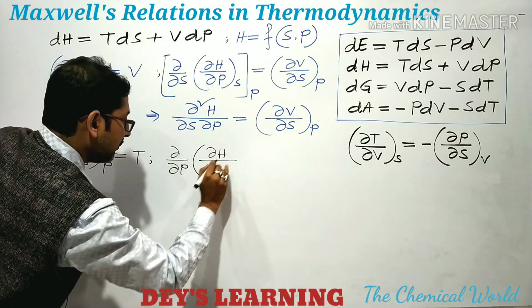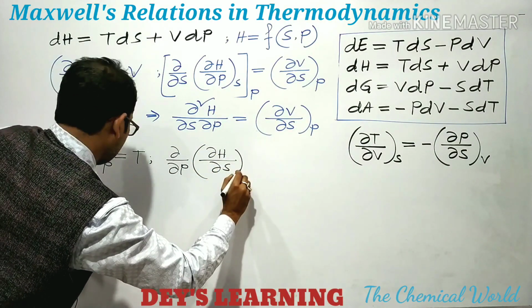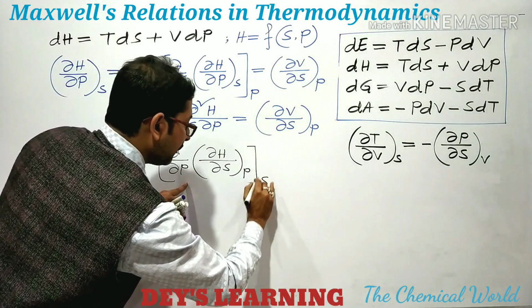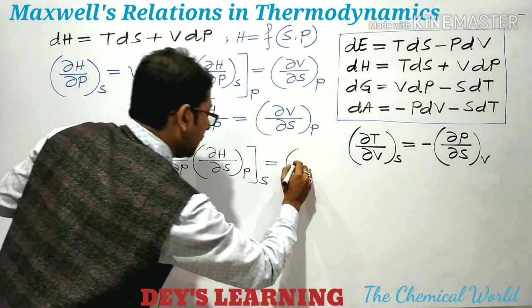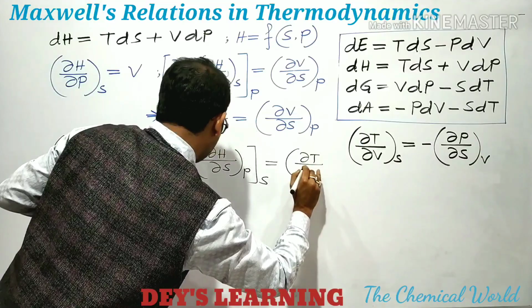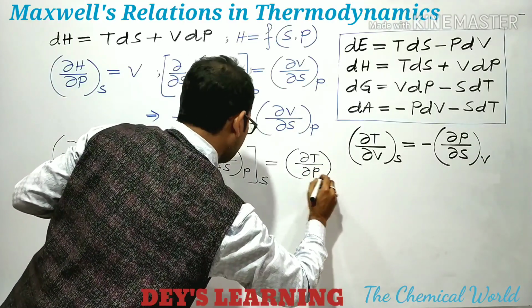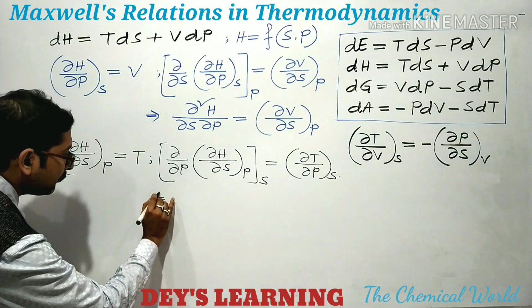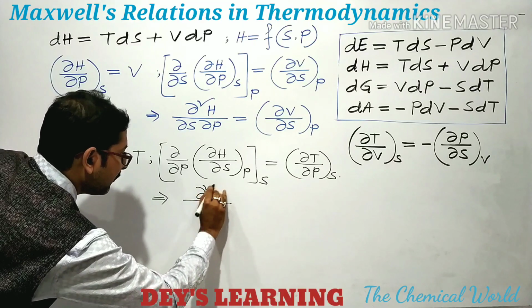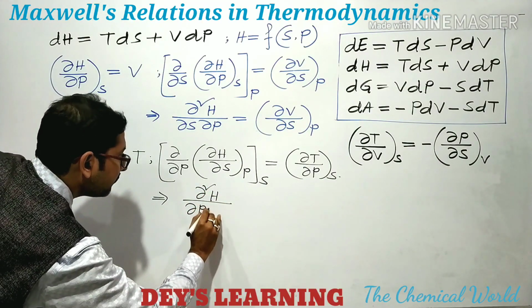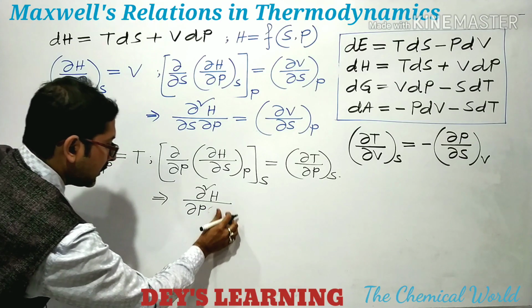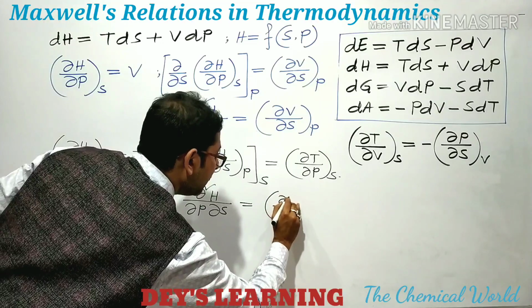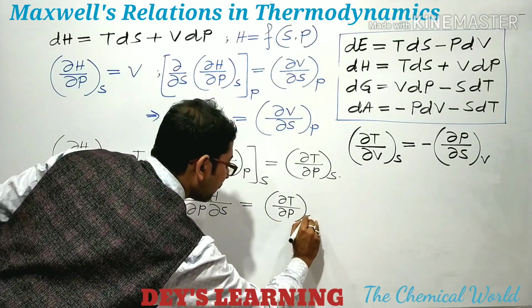So del H del S at constant P, and for this differential S is constant, gives us del T del P at constant S. So this one can be written as del square H del P del S, equal to del T del P at constant S.